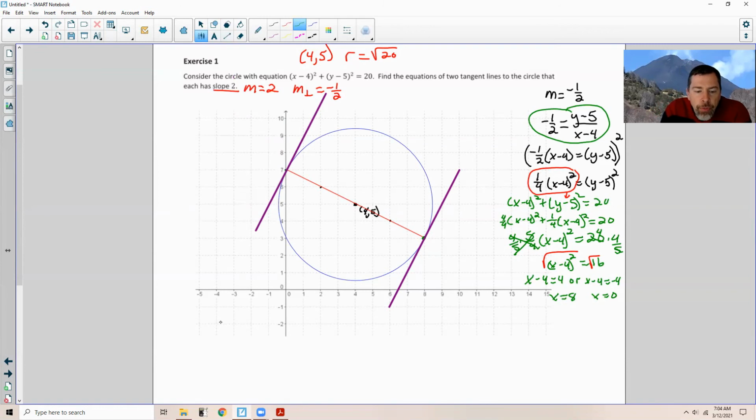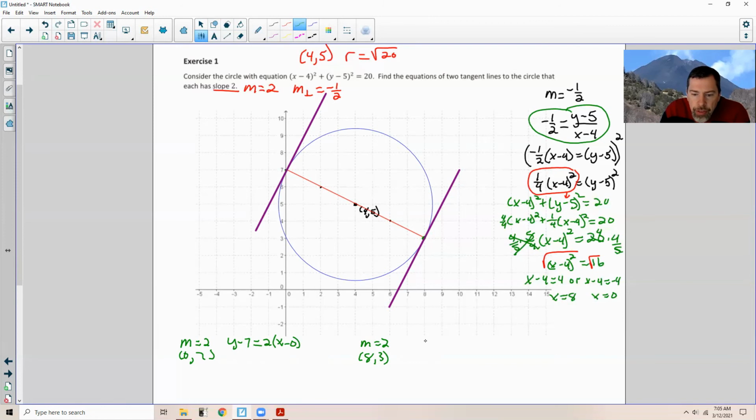So we use the point slope formula now. We know that the slope is 2. So we know m equals 2, and we know a point. So on this one, the point is 0, 7. And then we're going to do it again. M equals 2, and we have the point 8, 3. So point slope formula says y minus our y equals our slope 2 times x minus 0.